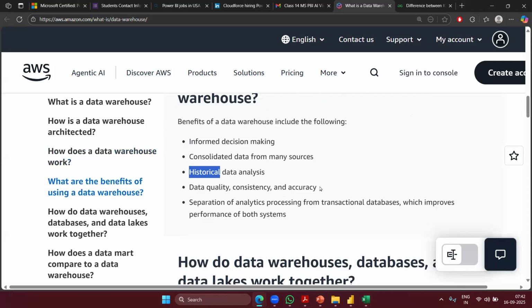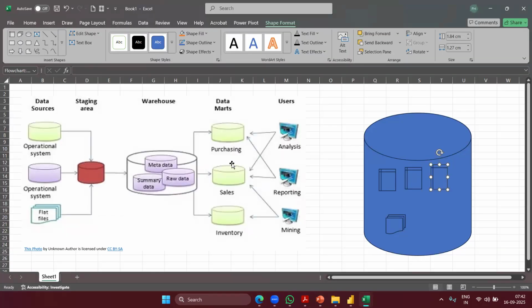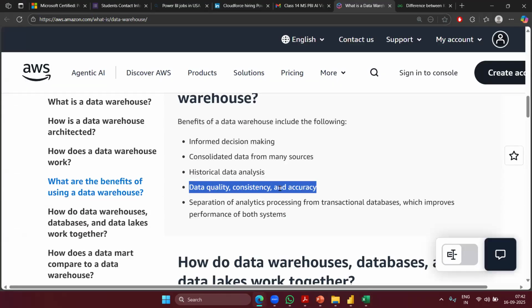Data quality, consistency, and accuracy. This would be maintained by the ETL guys, extract, transform, load. They maintain the quality and consistency. And as data modelers or data visualization people, like Kalpana has put a question, when a report is prepared by your team, how are you going to make sure that the quality is good enough?